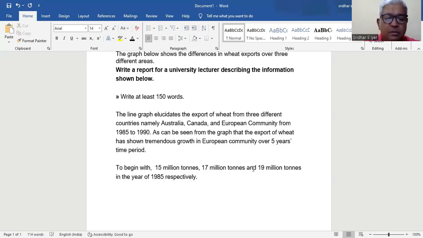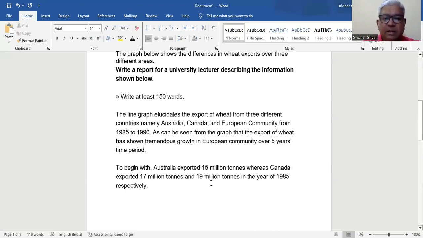To begin with, Australia exported 15 million tons, whereas Canada exported 17 million tons and European community exported 19 million tons in the year of 1985.